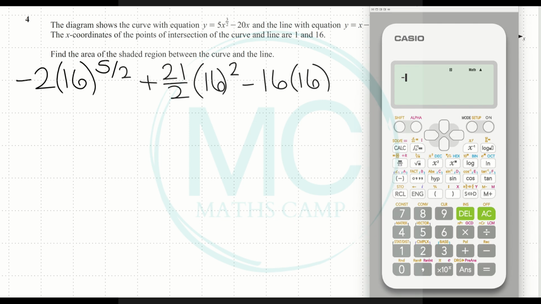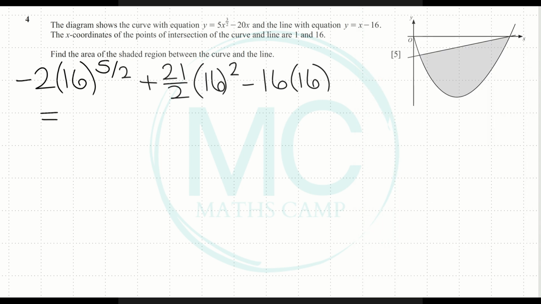We have negative 2 multiplied by 16 with an exponent of 5 over 2 plus 21 over 2 multiplied by 16 squared minus 16 multiplied by 16, and we get 384. Make note of this over here.